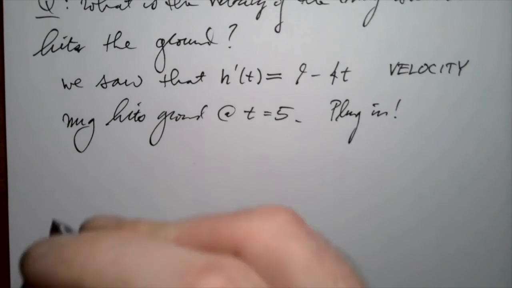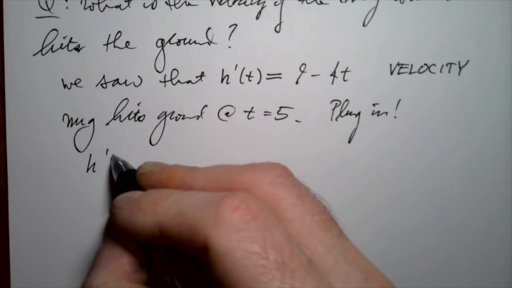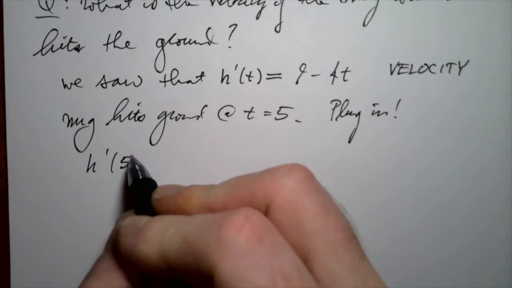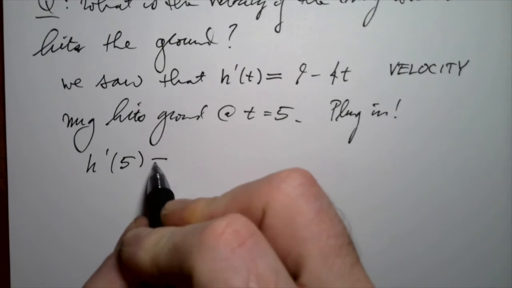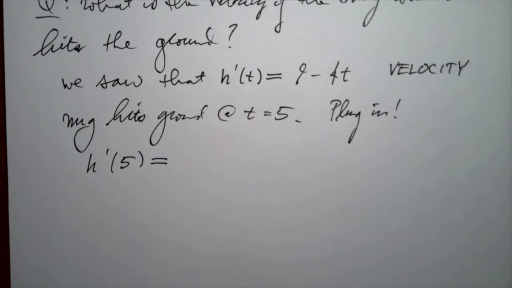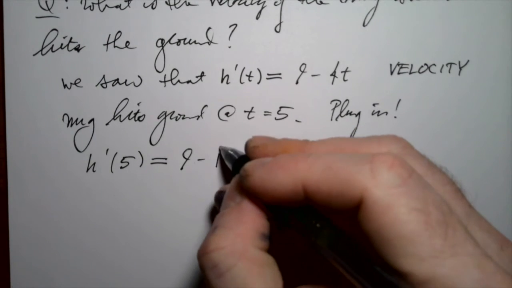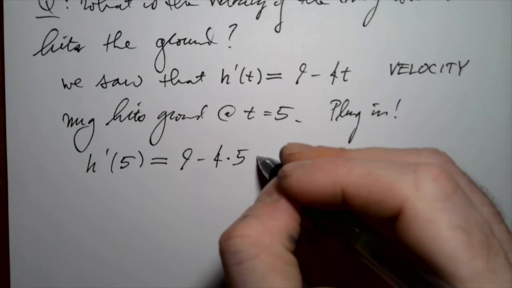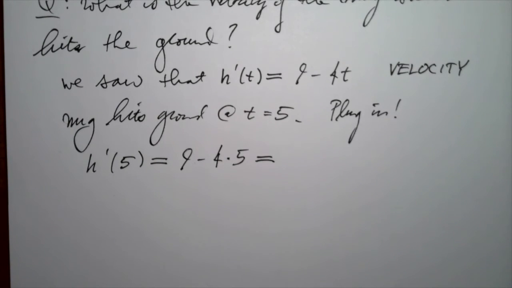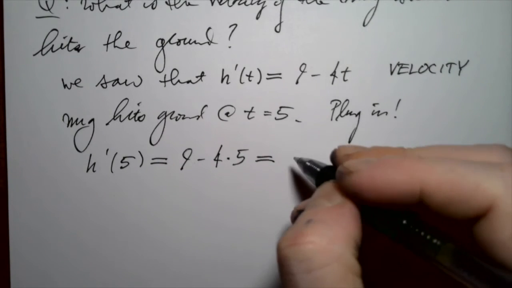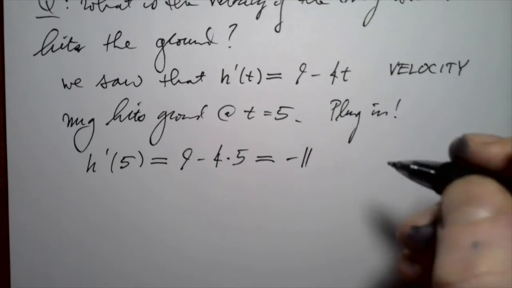And this is what's so cool about the derivative. You can get a formula for the derivative that works for all t, or for all x, for any input, because you have the derivative as a function. And then to find specific information, you just need to plug in. So if I plug in t equals 5 here, I get 9 minus 4 times 5, that's 9 minus 20, that's minus 11.